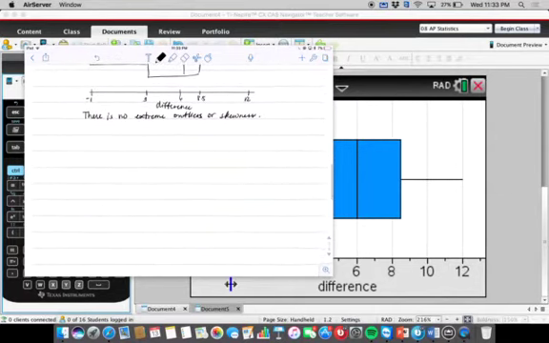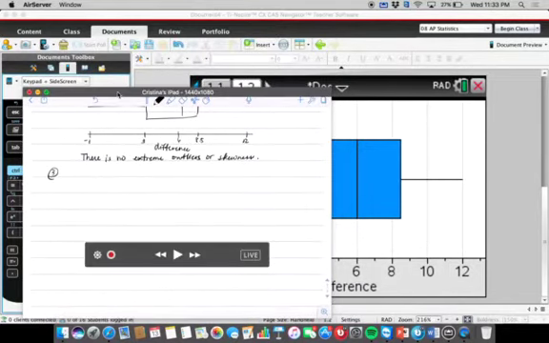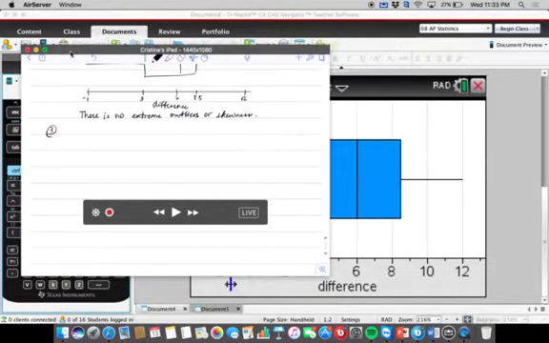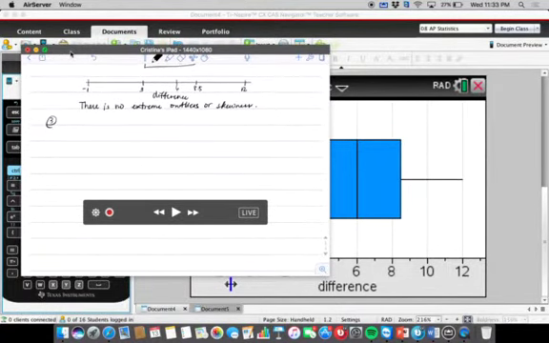Okay, so there we go. We have our 3 conditions. We can go ahead and go on to step 3. In step 3, we're going to name the test or name the confidence interval that we're working with. In this particular case, we are going to be working with a t interval. So it's going to be a 95% confidence interval, right?